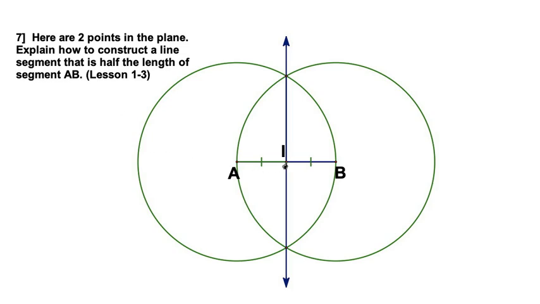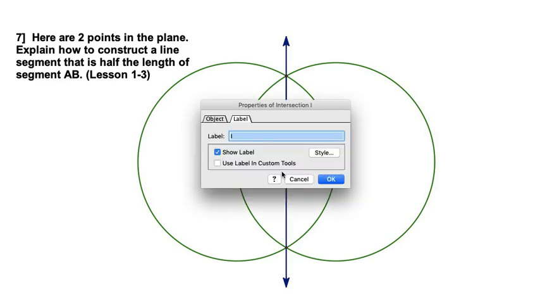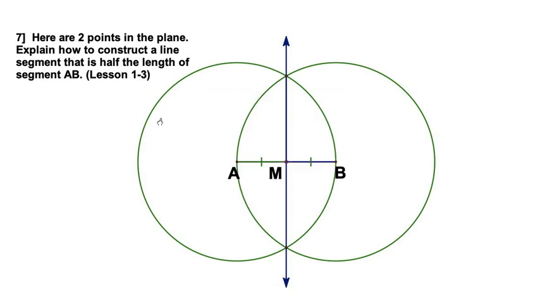And maybe if I label this point, I want it to be M. I could say that M is the midpoint, or the point M bisects the segment AB, or the line, which could have a name, also bisects the segment AB. And I want to put a little right angle symbol in there, right here. 1, 2, 3. And there you have it, a perpendicular bisector. You know, we're going to see that again and again and again.